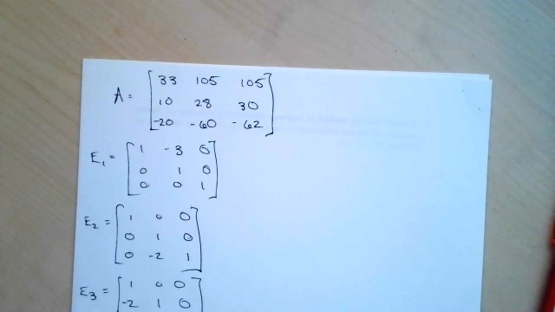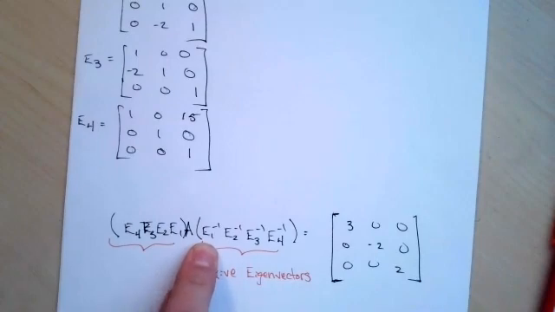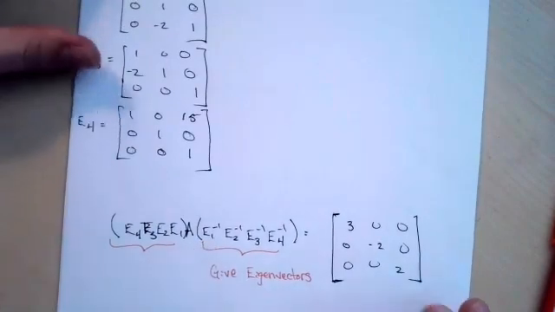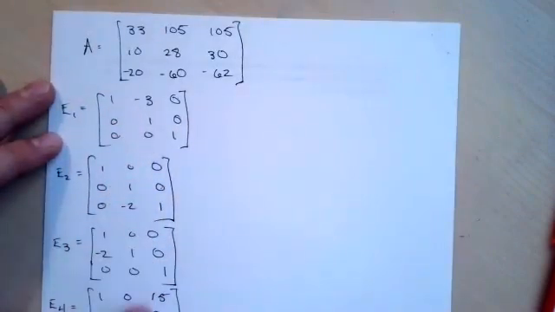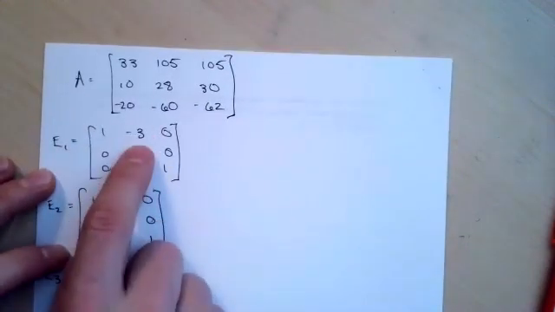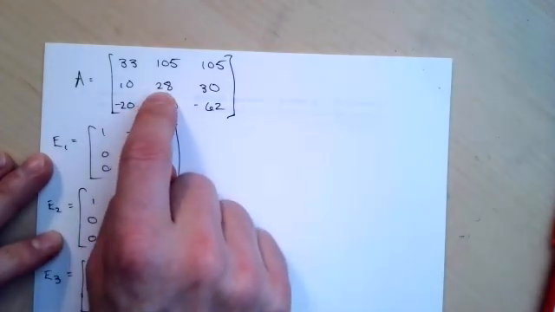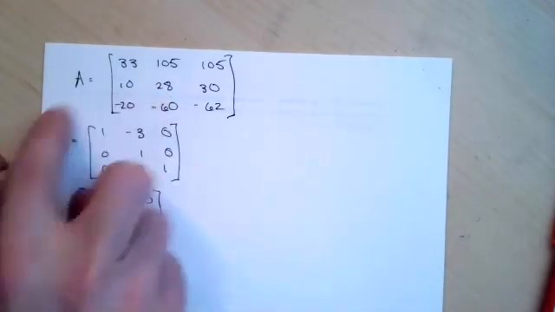But our workaround is this application of conjugation, where whatever operation we're applying on the left, we also apply the corresponding inverse operation on the right. So what we did was come up with a sequence of row operations. After we figured out the first row operation we wanted to do, so for example, we started with taking negative 3 times row 2 and adding it to row 1, that was going to be our first elementary matrix, our first row operation.